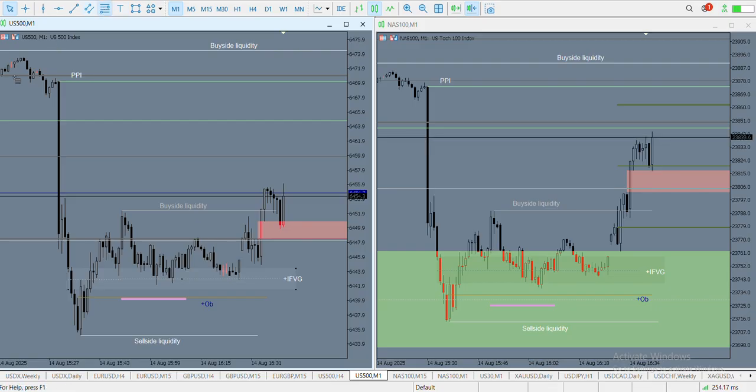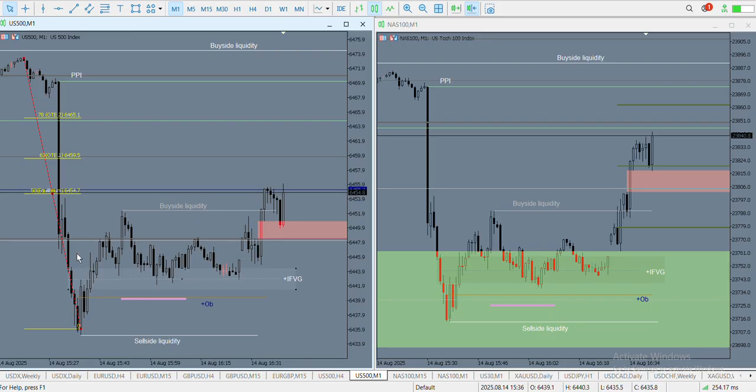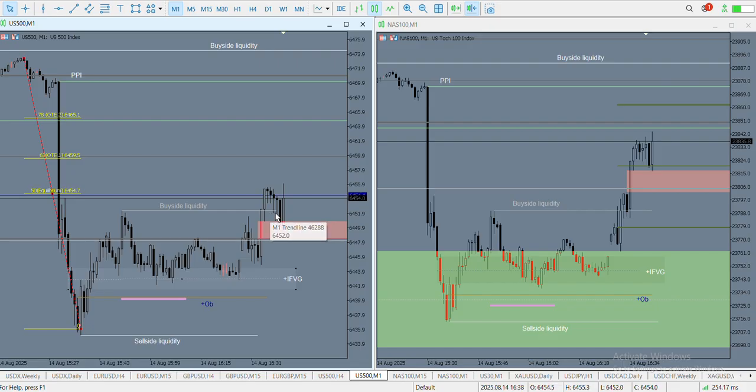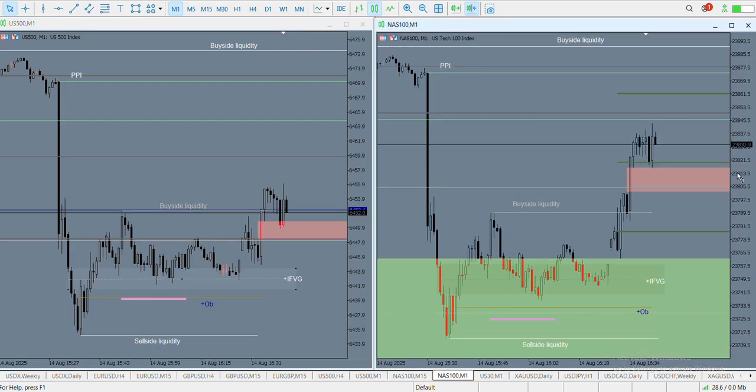So we have the range. The range is from this high here to this low, and 6,454 is around the equilibrium level. So this first presented fair value gap for today is at a discount. So we are anticipating price to at least gravitate to 6,460. We are currently trading at 6,454. So that's around six points until we reach into that mid gap for today in US 500.